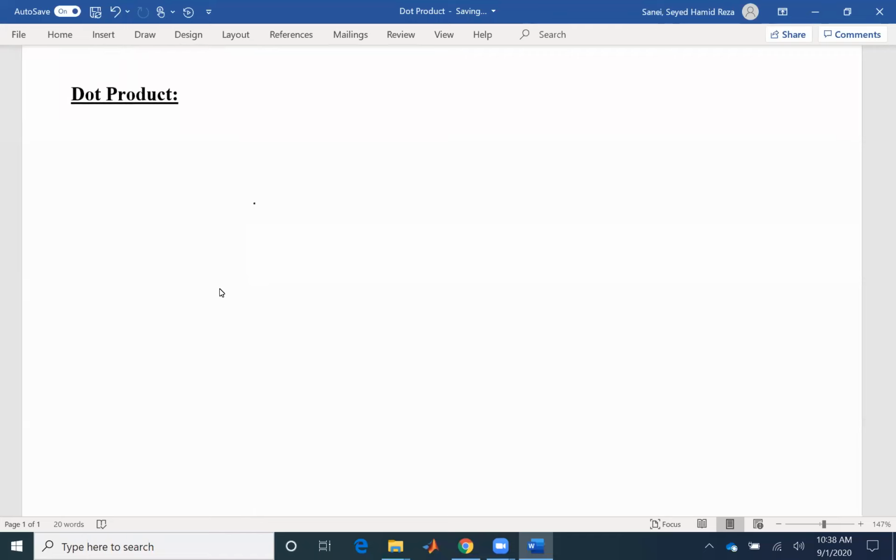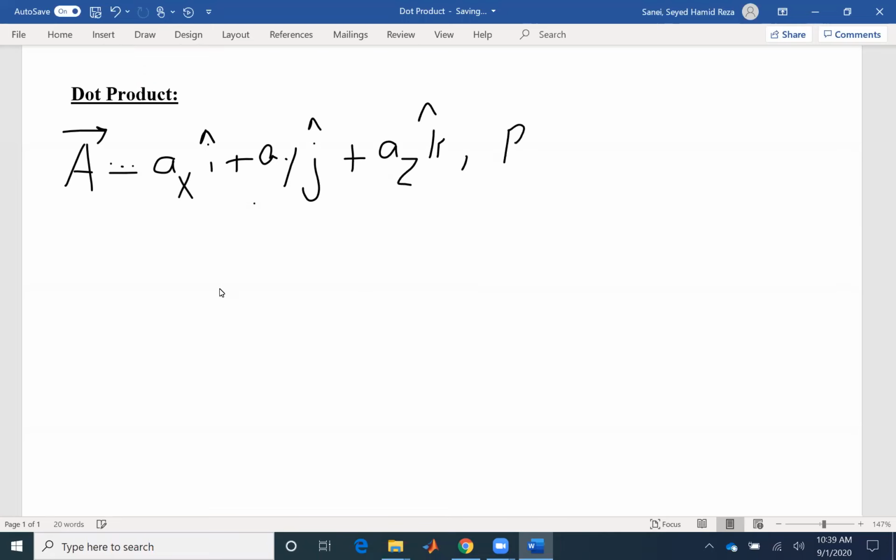So the dot product of the two vectors is defined as, let's say we have vector A, I'm going to write it in Cartesian form, AX, the I component, AY, J component, and then AZ. Vector B with three components in three-dimensional.